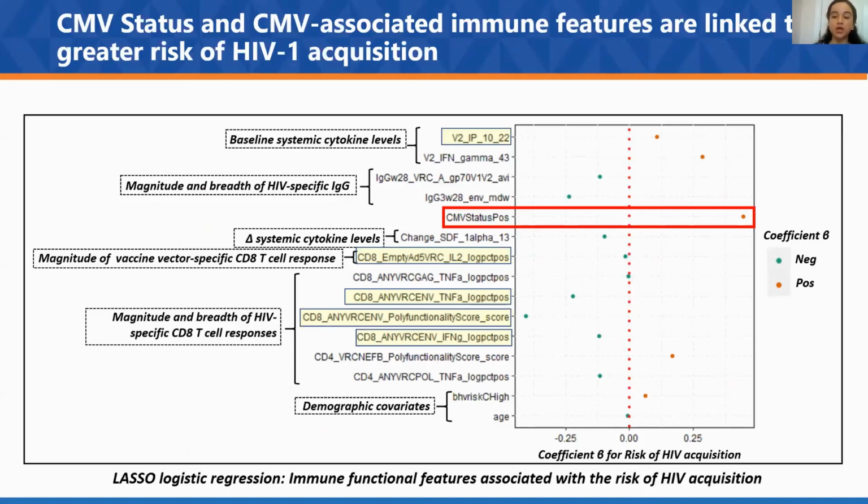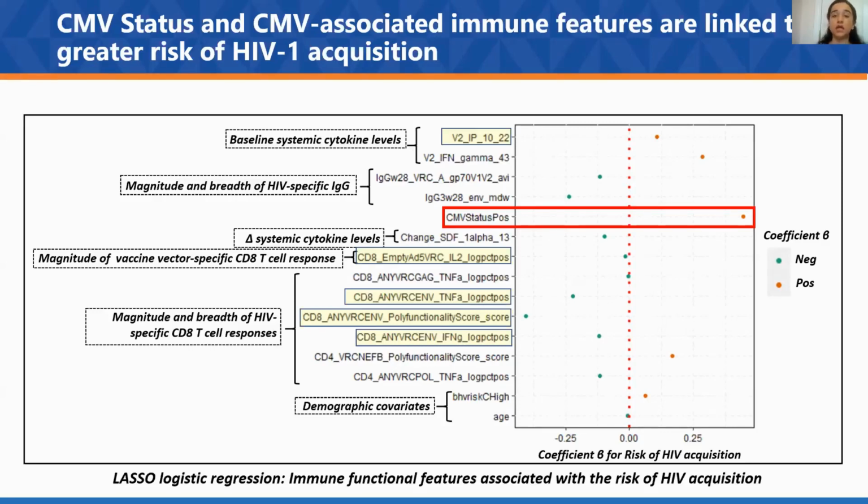The pool of variables chosen for this particular analysis was all those features that have previously been linked, as mentioned in the correlates or previous studies, to the risk of HIV acquisition. And in addition to those, all the new data that we've generated was added into the pool of this larger feature set that was inputted into this Lasso logistic regression model.